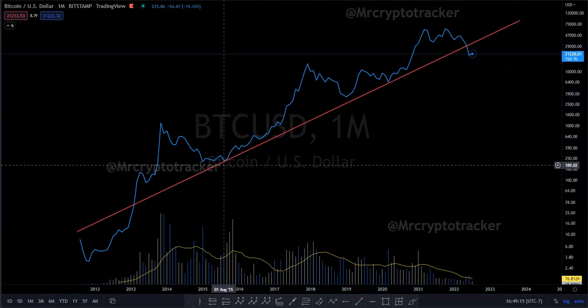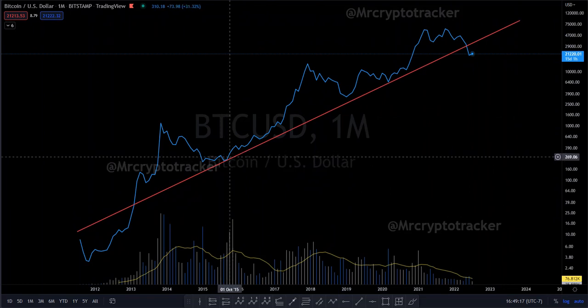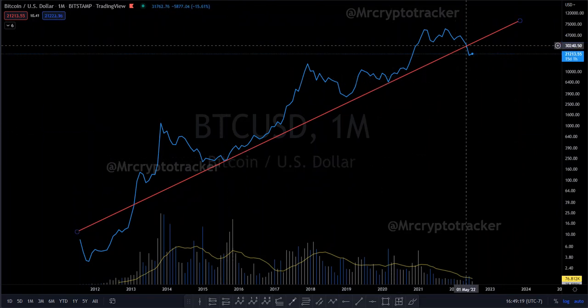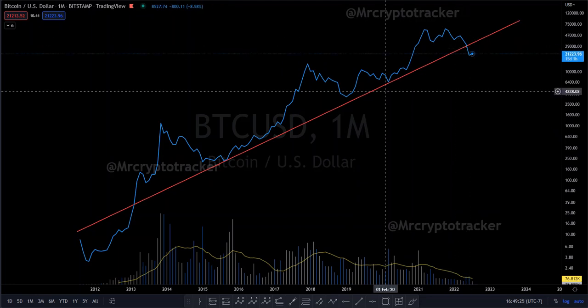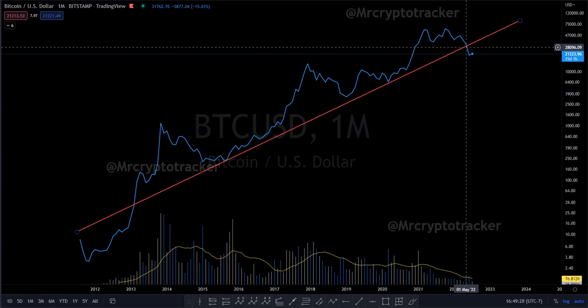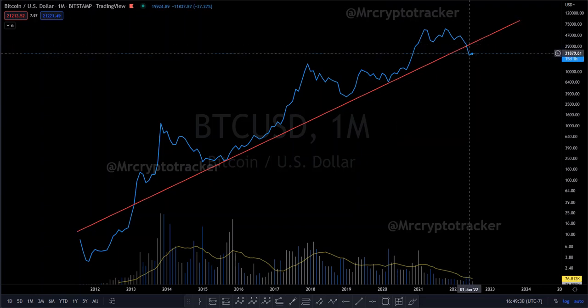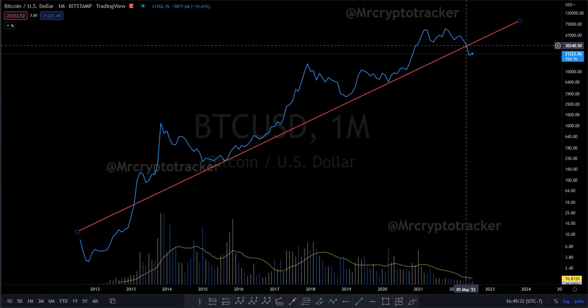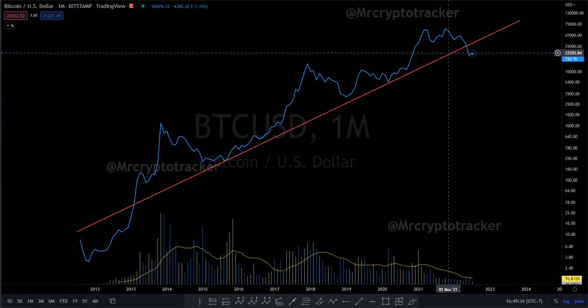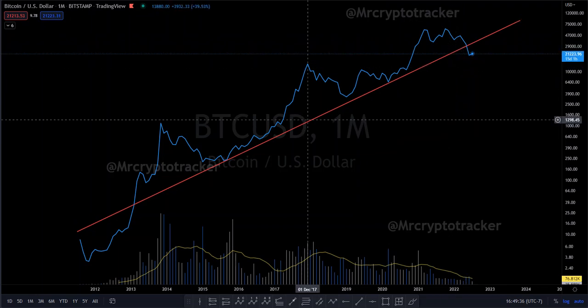Yeah, you can see the reaction here, and at this point on May 1st, the price dropped below this trend line. This is a very obvious breakdown, and it confirms the long-term bearish market.